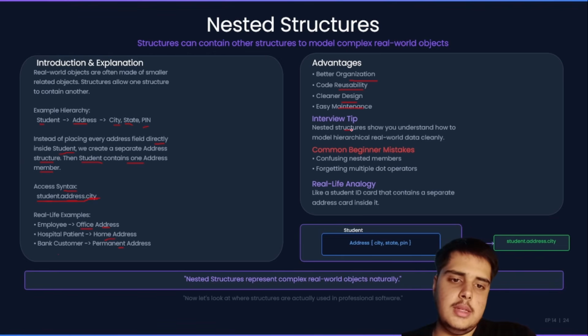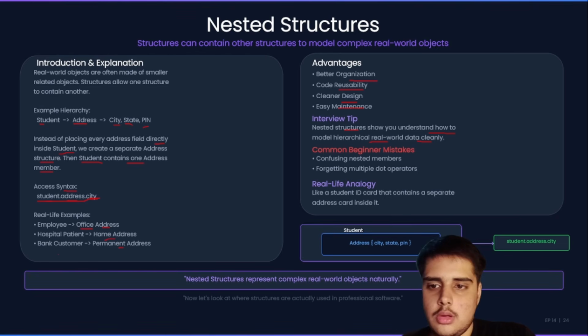Nested structures show you understand how to model hierarchical real world data cleanly. But there are some common beginner mistakes, like confusing nested members or forgetting multiple dot operators. A real life analogy is a student ID card that contains a separate address card inside it. So nested structures represent complex real world objects naturally.